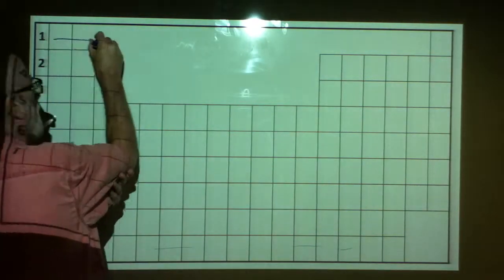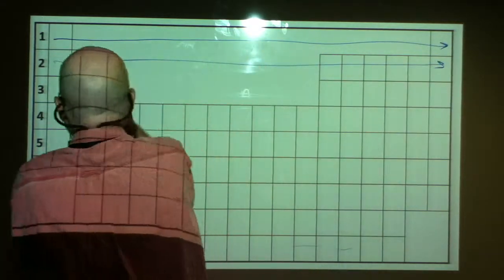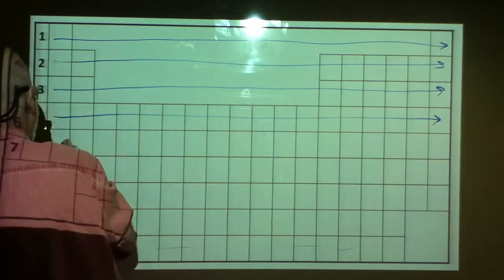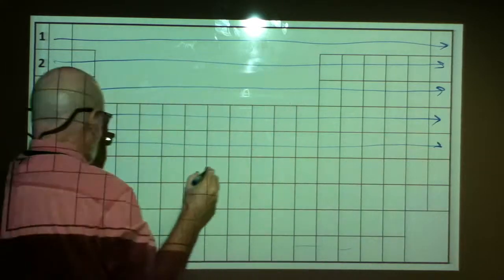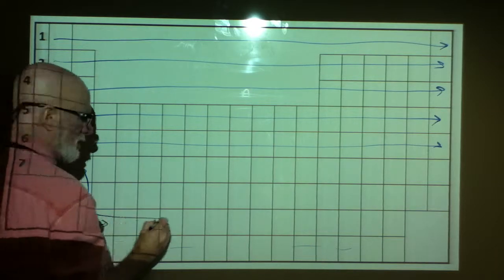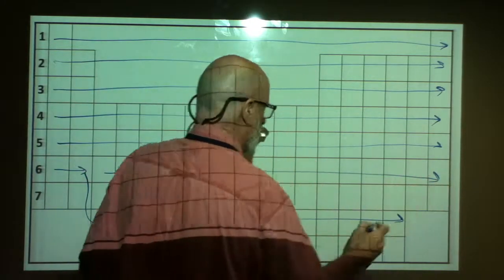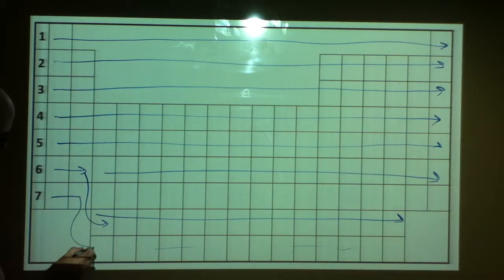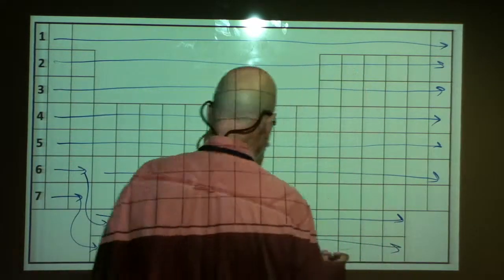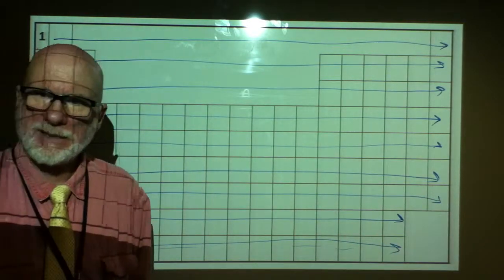You go across like this, then you go across like this, then across like this, then across like this, then across like this, then you go here, then you go down to here, then you go across, then you come back up here, then you go across, then you go here, right? Then you go here, then you go up here. See how to do it? Yes or no?